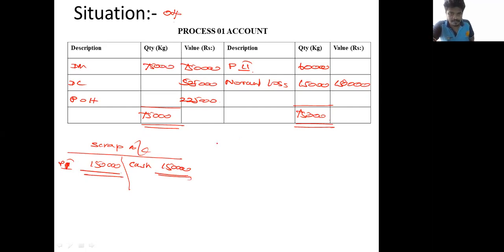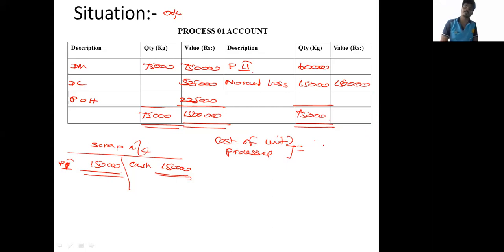Then here we can calculate the cost of unit processed. Total cost we already identified: total cost of the process is 1.5 million. Then cost of unit processed equals total cost belonging to this process divided by expected good units.